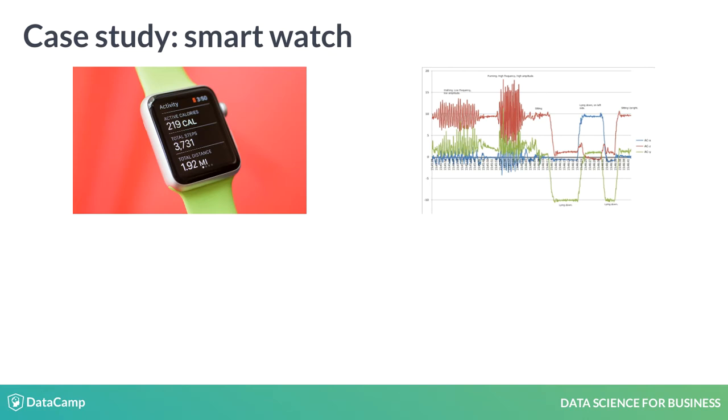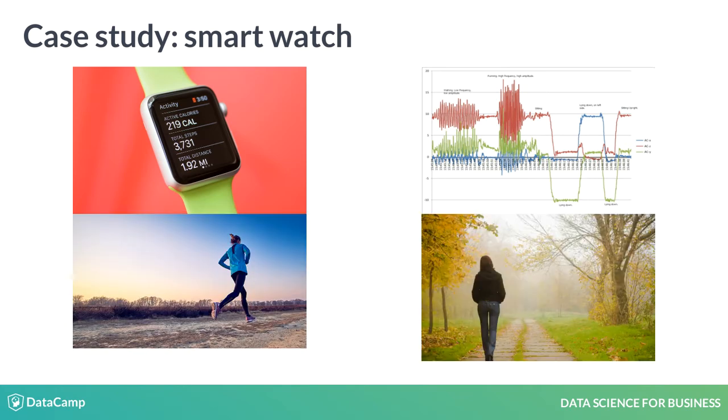The data generated by this sensor is the basis of your machine learning problem. You could ask several volunteers to wear your watch and record when they are running or walking. You could then develop an algorithm that recognizes accelerometer data as representing one of those 2 states, walking or running.